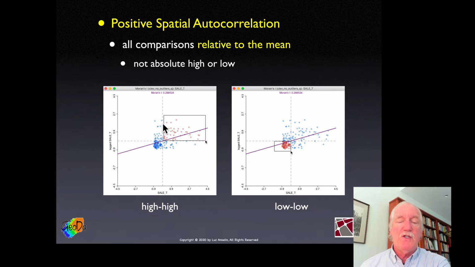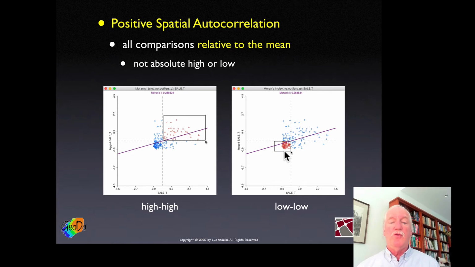So it's positive spatial autocorrelation because the observations are similar to their neighbors, and it's high because it pertains to observations that are above the mean and neighbors that are also above the mean. Okay, on the right, we are below the mean for the observations, and the neighbors are also below the mean. So this is still positive spatial autocorrelation because it's similar, but it's of the low kind.